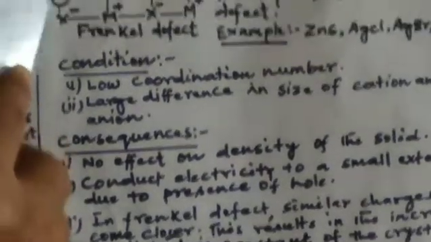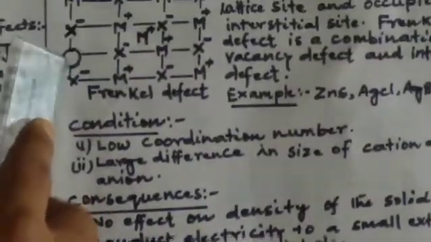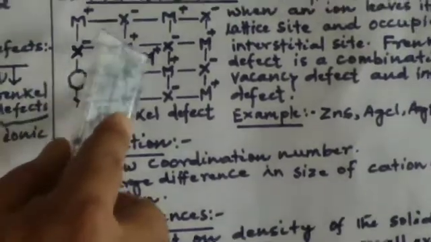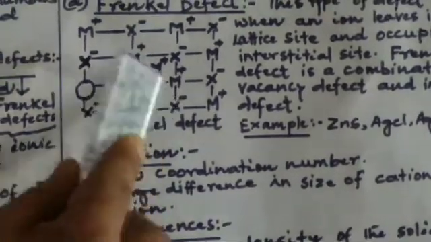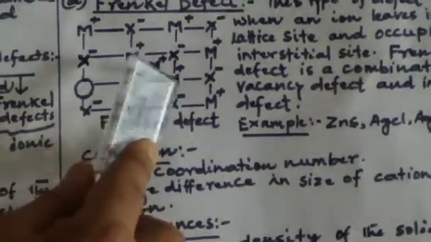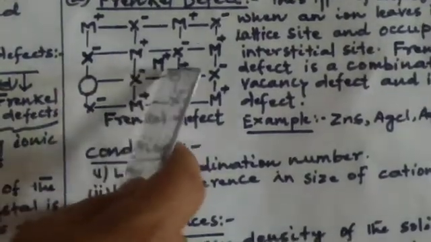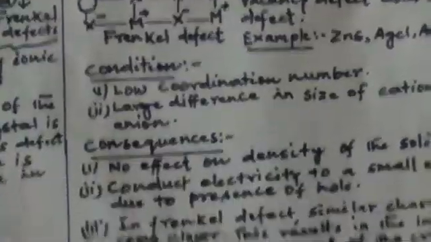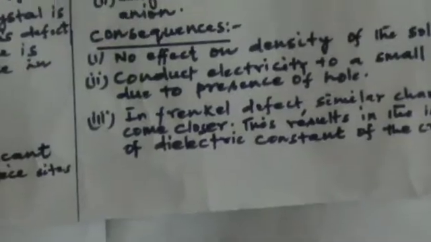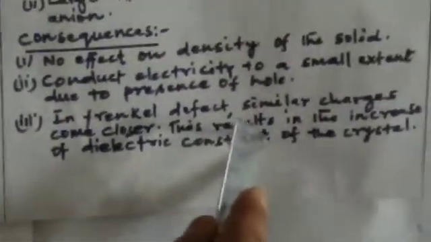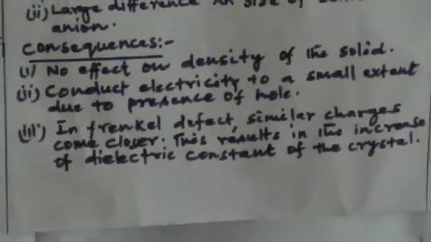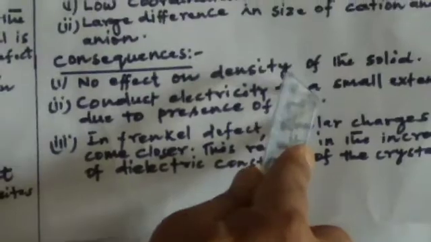And thirdly, because of the shifting of the cation from the normal lattice site into the void, two cations come closer. When the cations come closer, what will happen? It will result in an increase in the dielectric constant of the crystal. So Frenkel defect causes an increase in the dielectric constant.